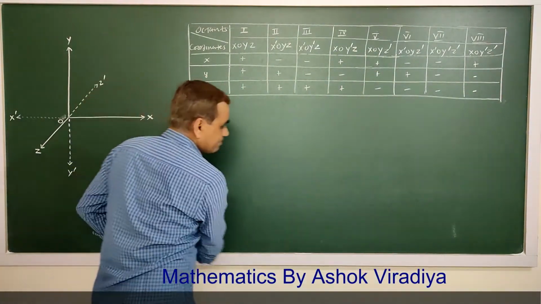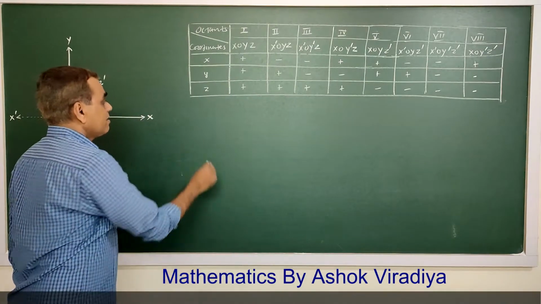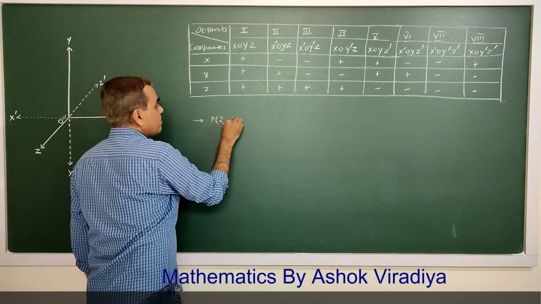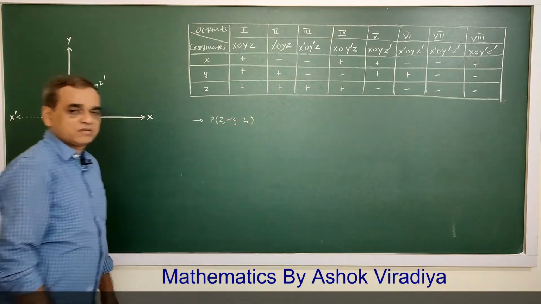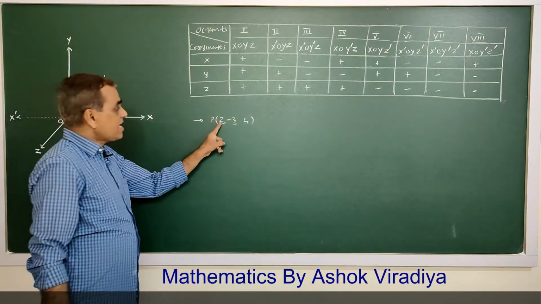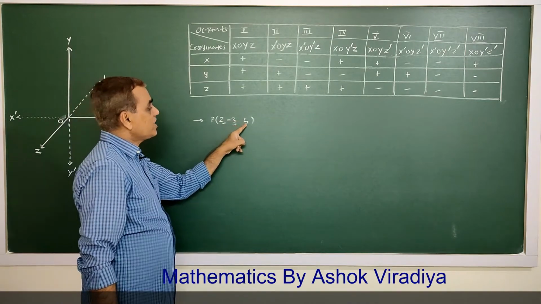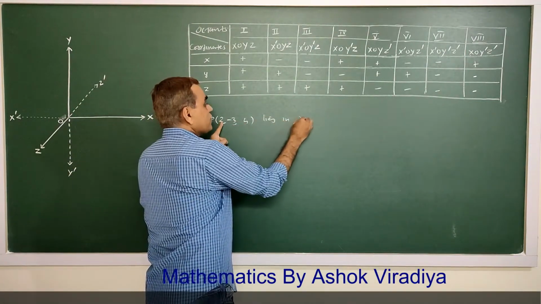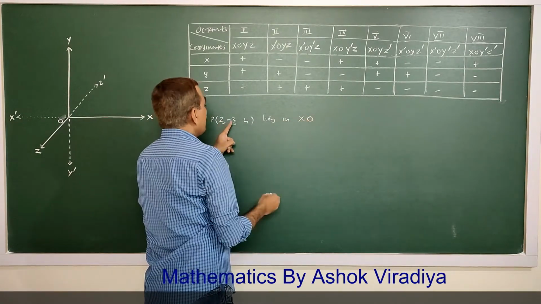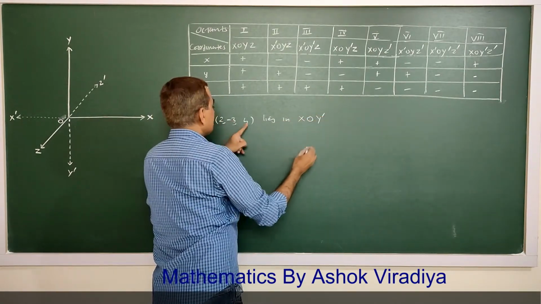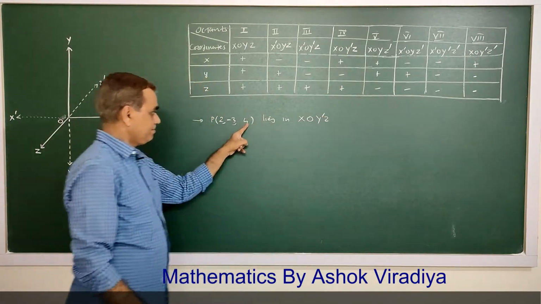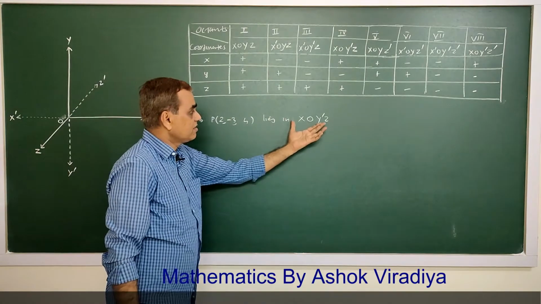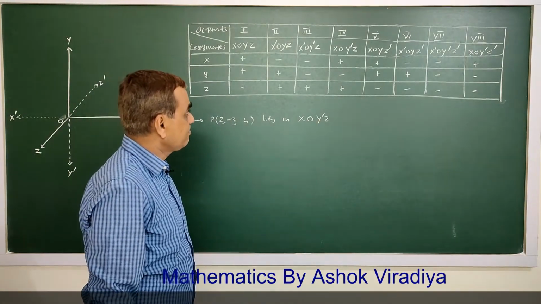As for example, say here a point, suppose I put (2, -3, 4): x positive, y negative, z positive. So it lies in, say x positive, so put x, o, y negative, so put y dash, z, z positive. So it lies in this octant. What is the number of this octant?